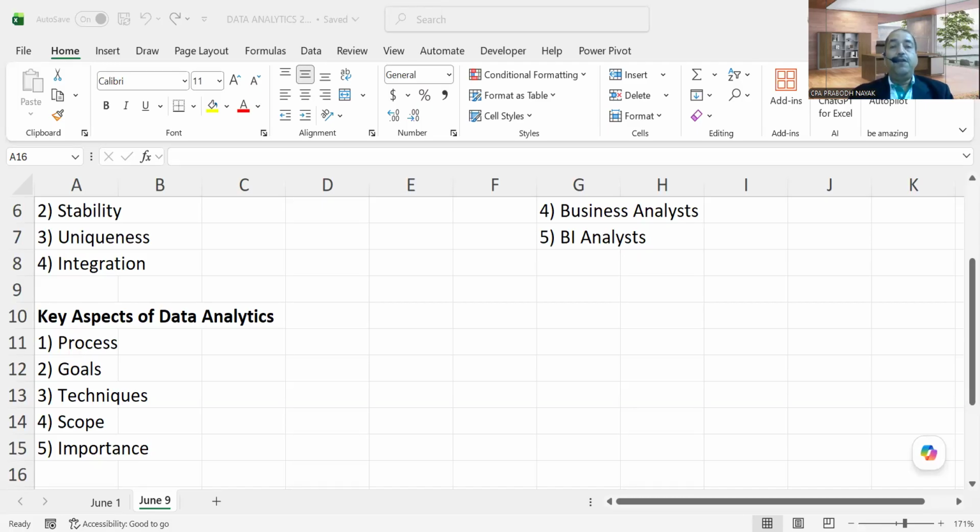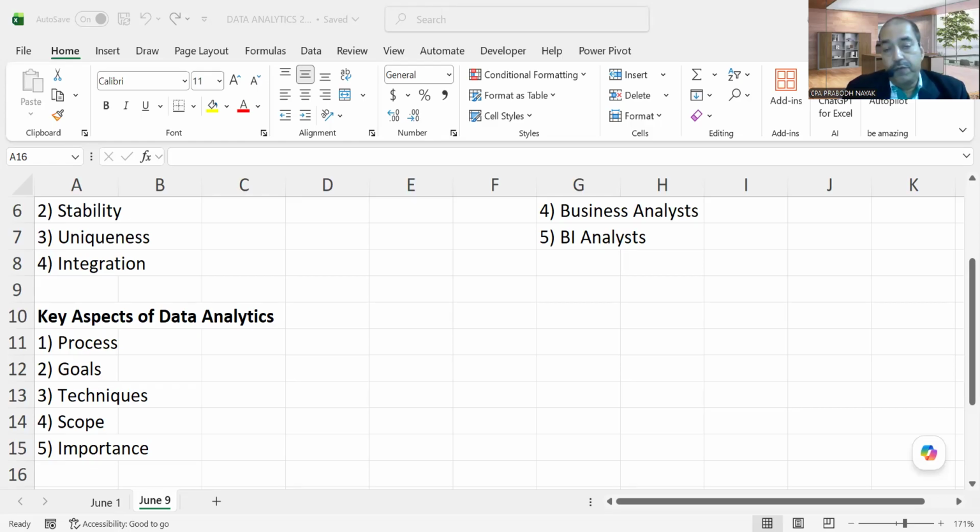Right? Second is goal, objective. What is the goal? The goal or the objective is to find the patterns, trends, correlations, and insights in the data to support strategic decision making on the part of the business.